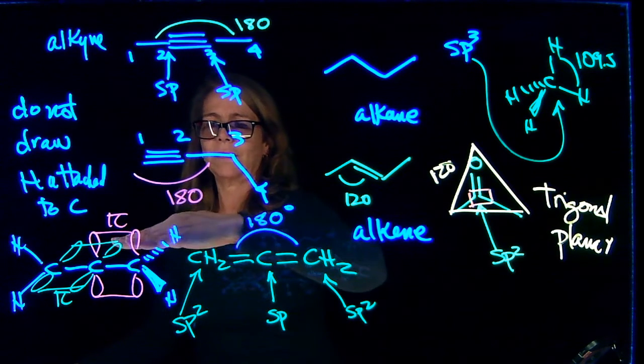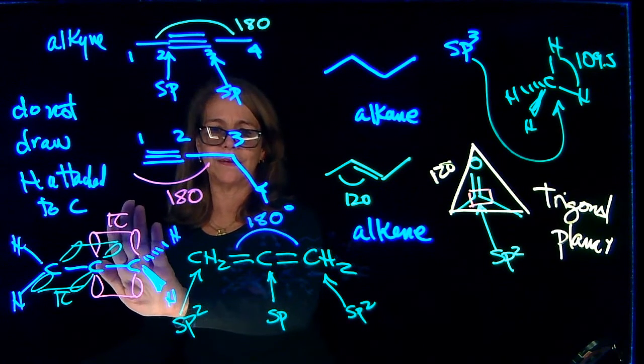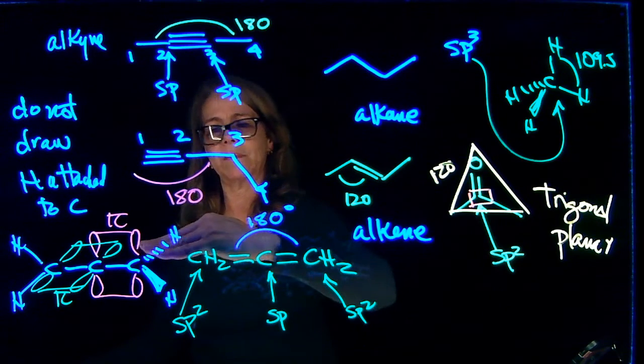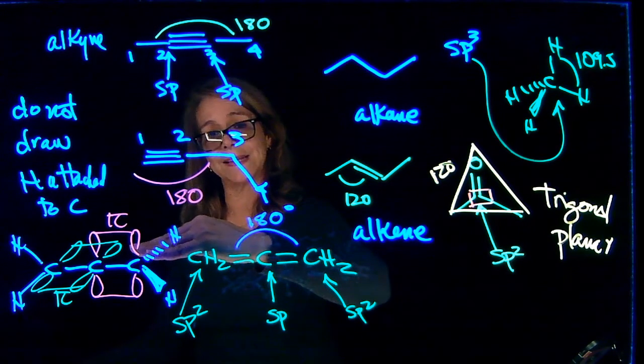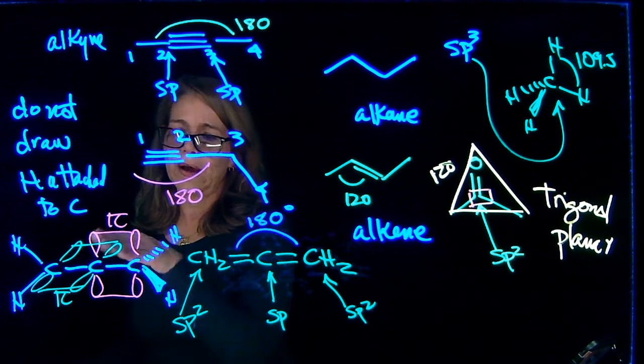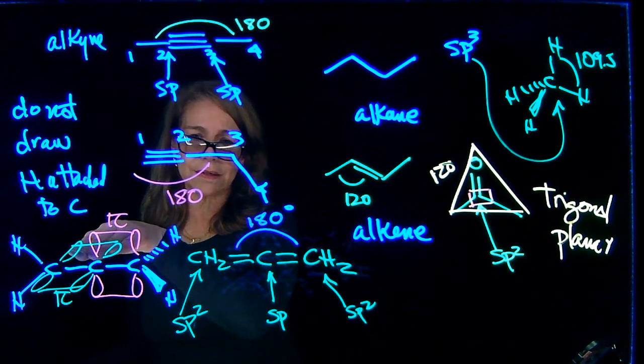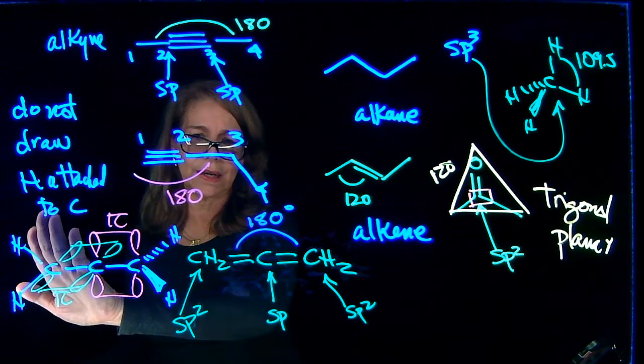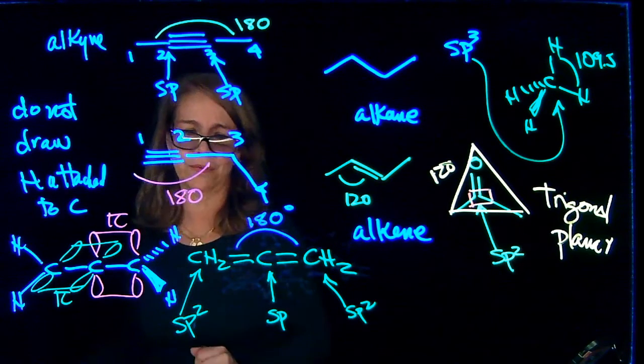So if the pi bond is here, the bonds with the hydrogens are in the perpendicular plane. Now for the other part, the double bond is in this plane. Now the hydrogens are here in the plane of the board.